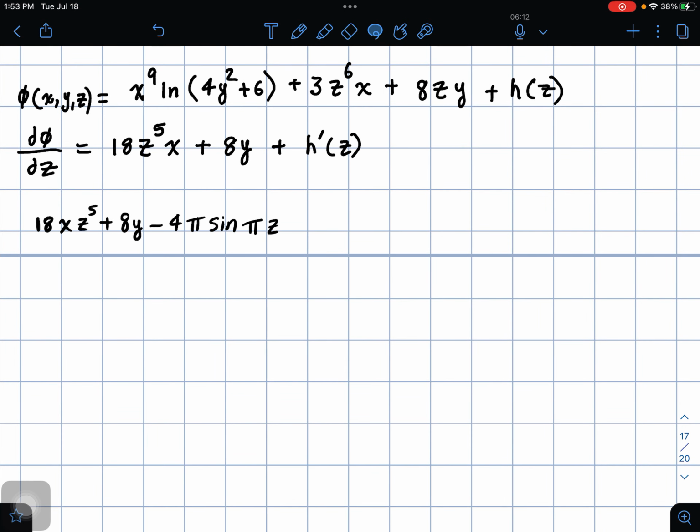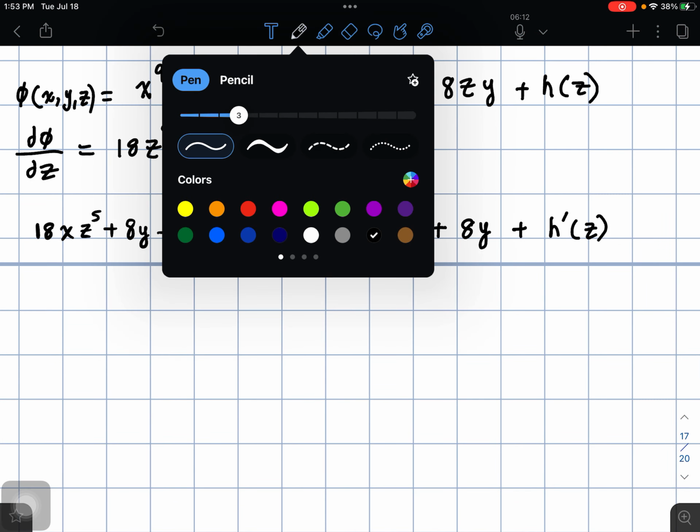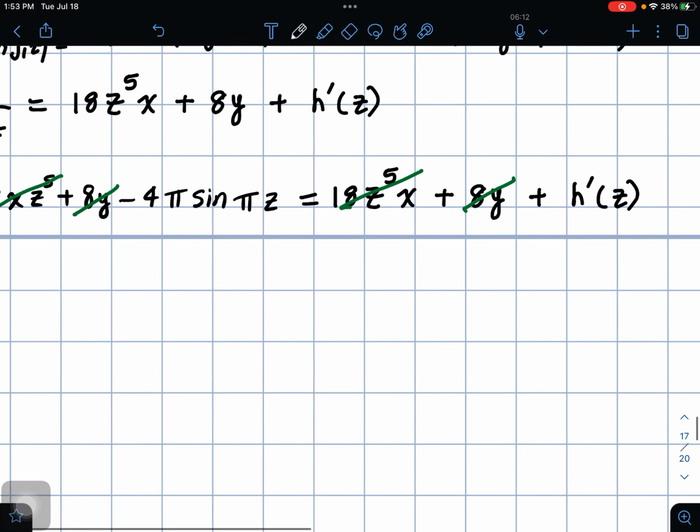We have this and this thing right here, and we say they're equal, and we can see that this cancels, and we are left with h prime at z is equal to minus 4 pi sine pi z.